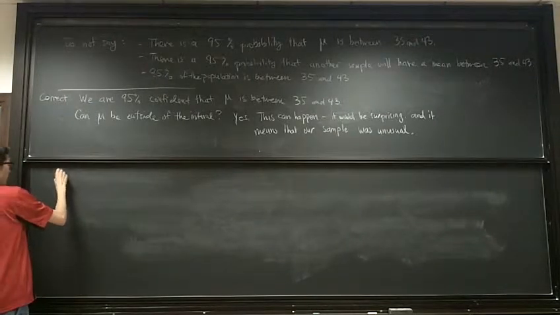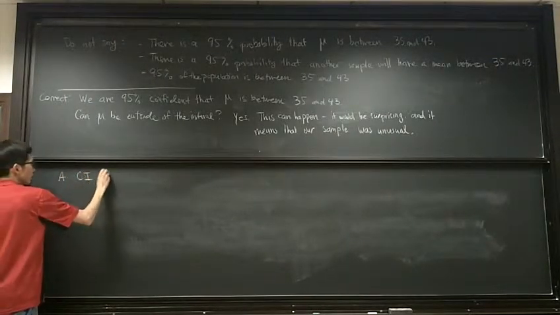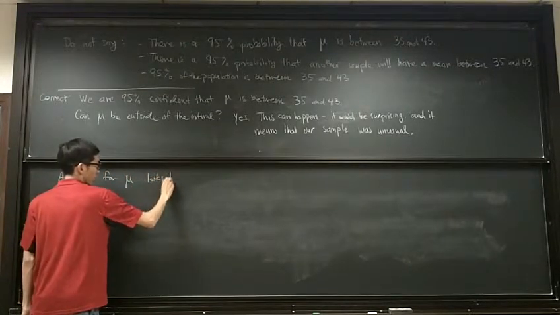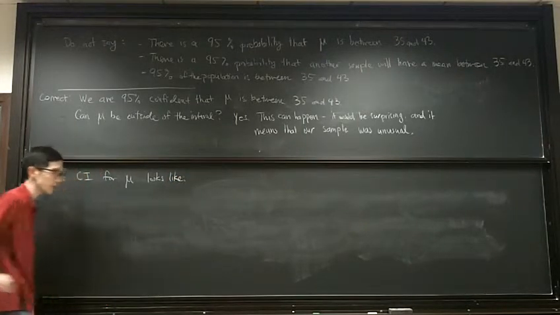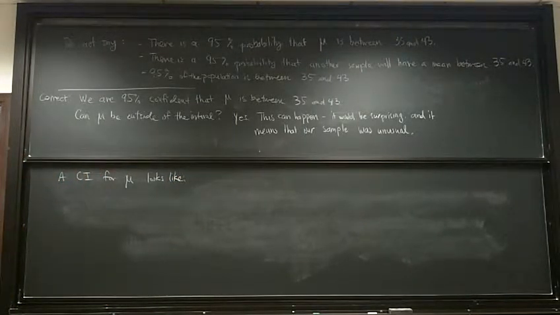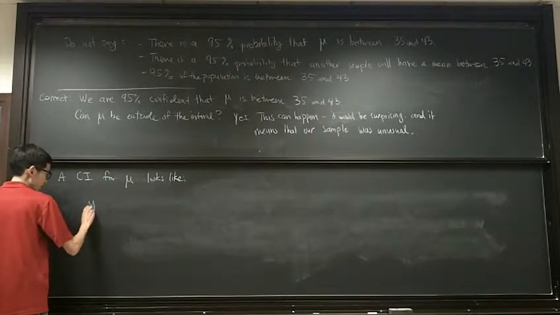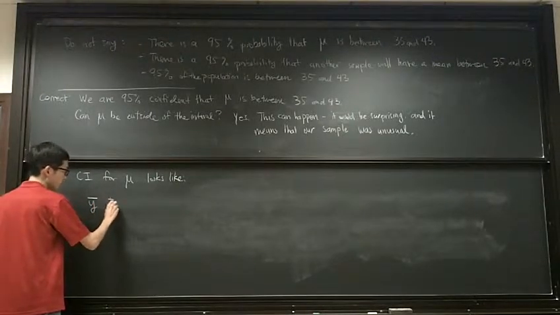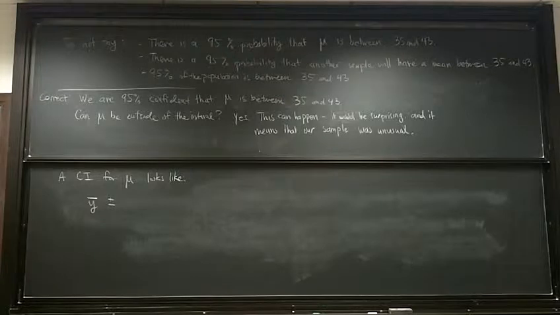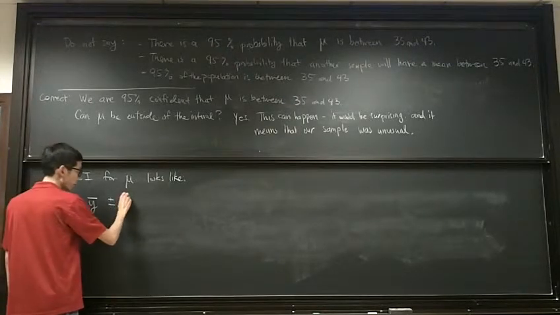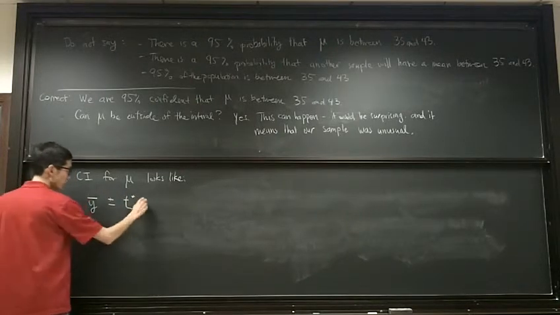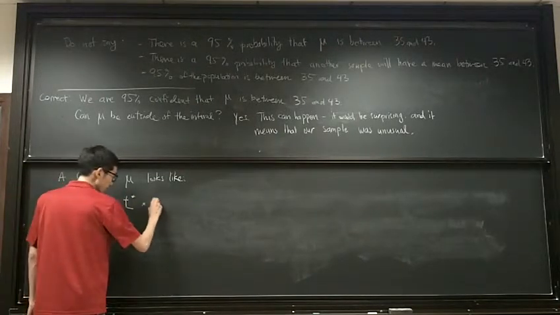So, a confidence interval for mu looks like what? What is the formula that we make for a confidence interval? We put our sample mean y bar in the middle, and we go plus or minus our margin of error. And how do we get our margin of error? Some critical value t times the standard error.